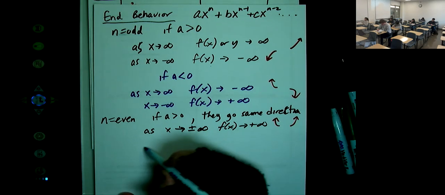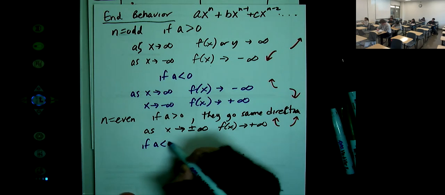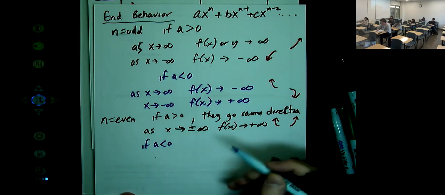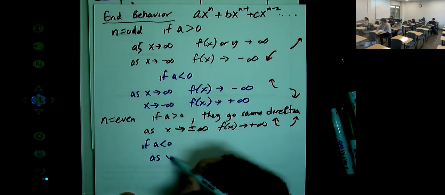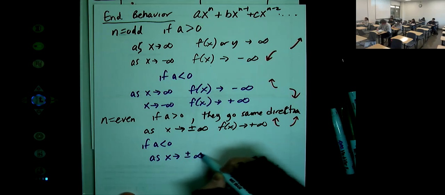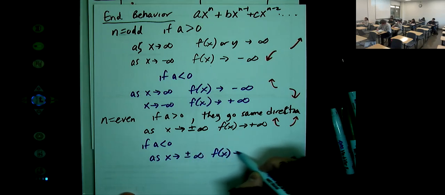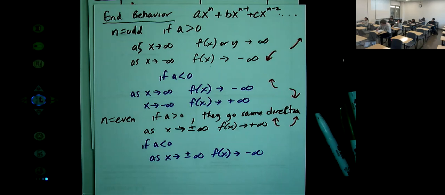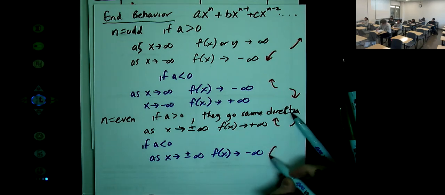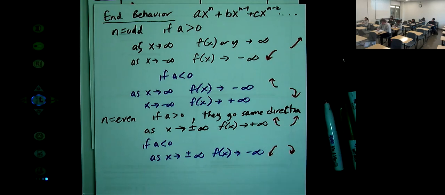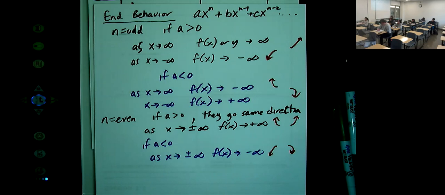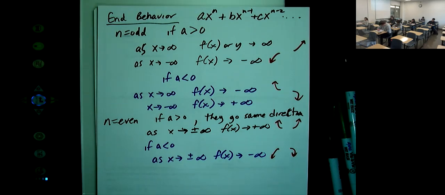And if A is less than 0, this switches. As x goes to positive or negative infinity, f of x goes to negative infinity. They both go down. That was why I did all those graphs in the beginning.